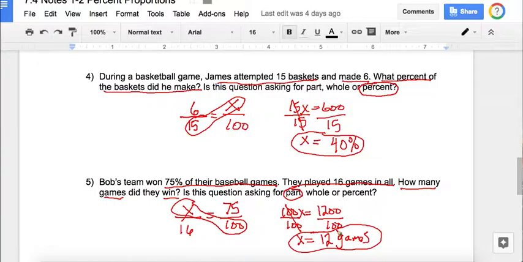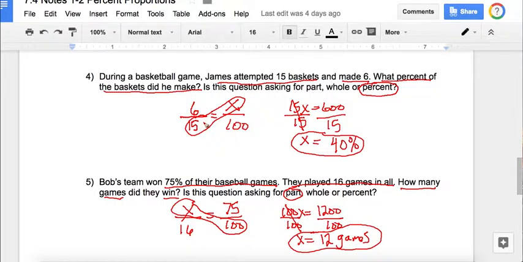Now, let's see if that is reasonable. So they won 12 out of 16 games, and that's supposed to be 75%. Is that reasonable? Yeah, because 12 over 16 would simplify to 3/4, and we know 3/4 is 75%. Now, we never check back to see if the last answer is reasonable.